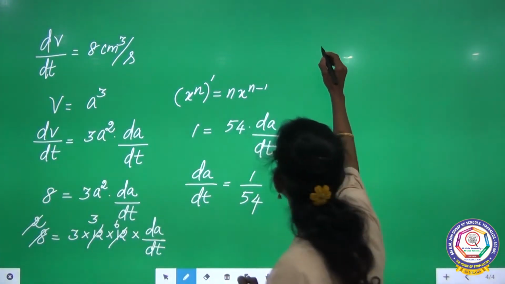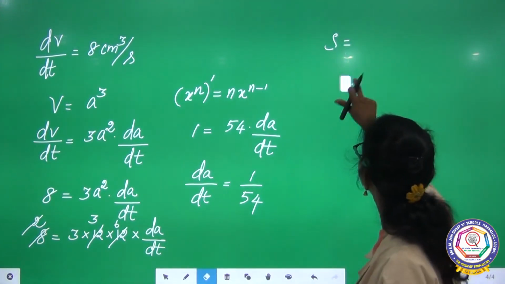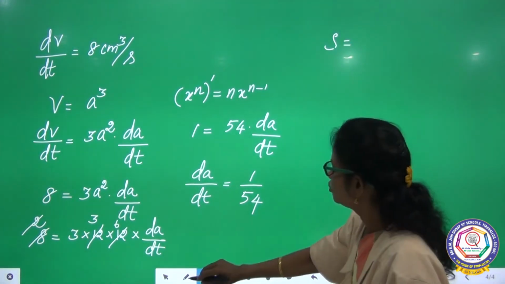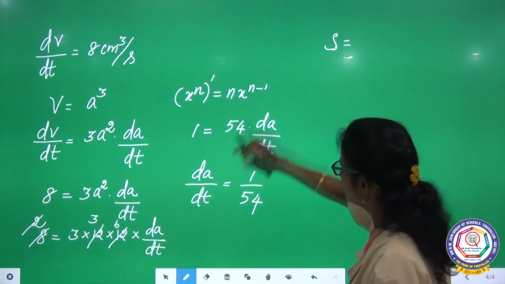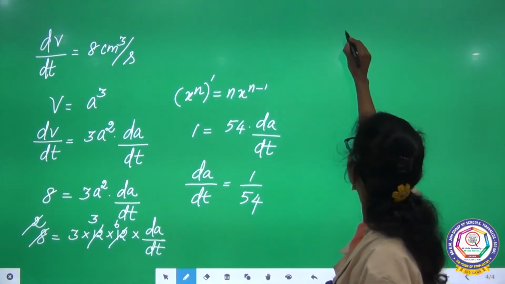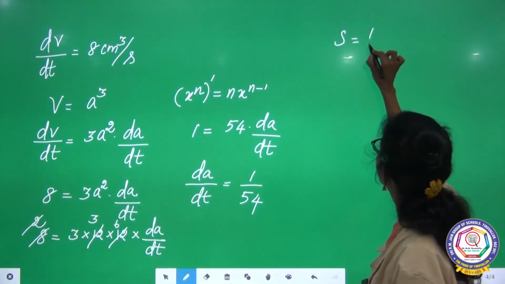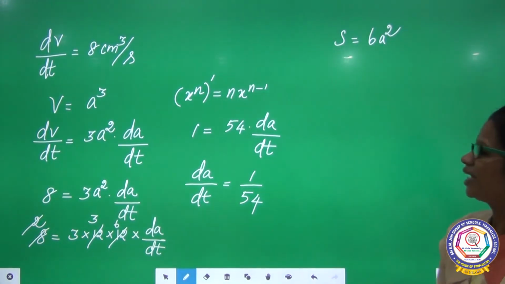Surface area, I said the formula S equal to 6a square.